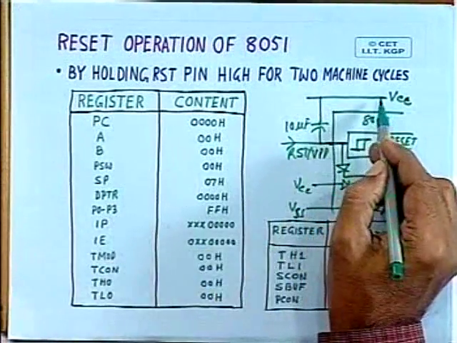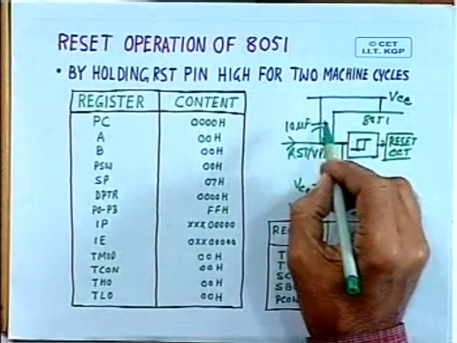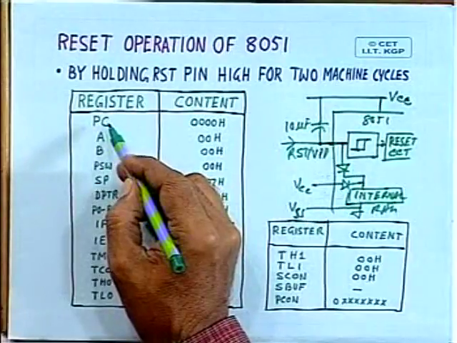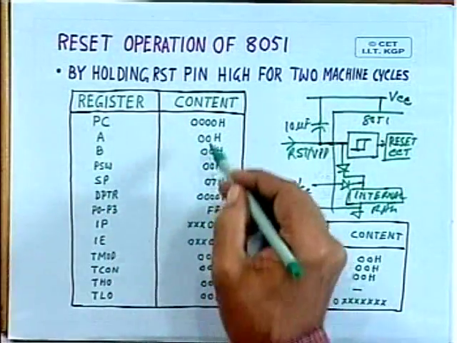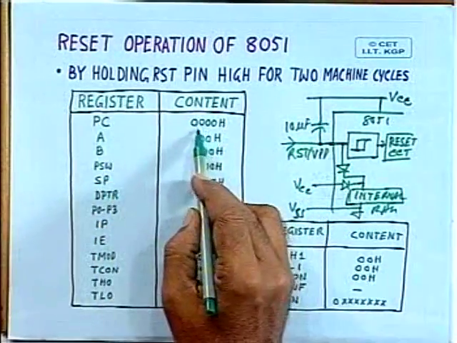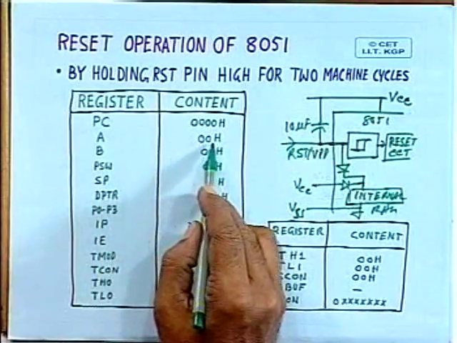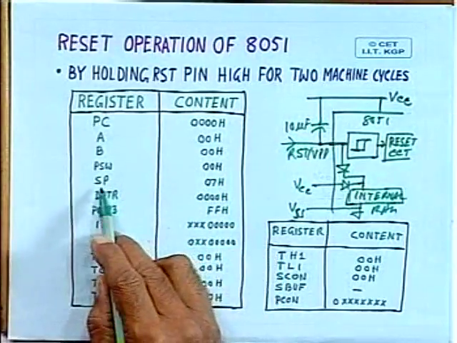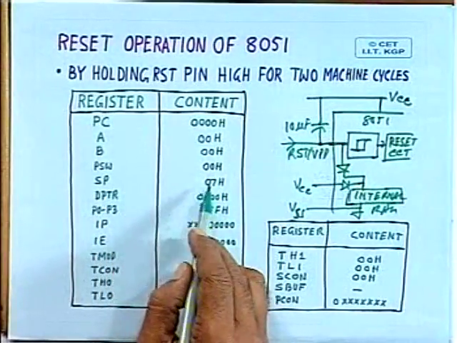Now, whenever the reset is activated after this line is held high for 2 machine cycles, then you can see the registers will be initialized with these values: program counter with 0000, accumulator with 00, B with 00, program status word with 00, stack pointer with 00. You can see here the program status word functions.